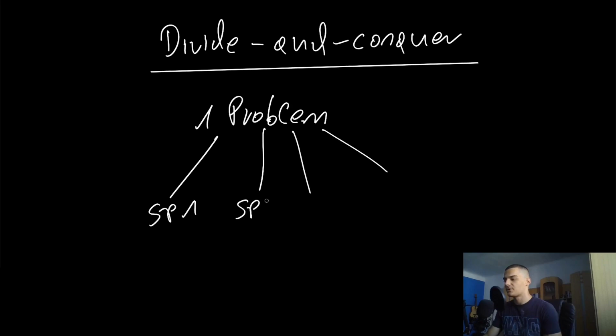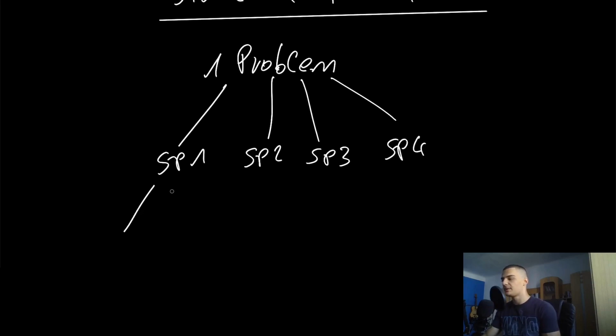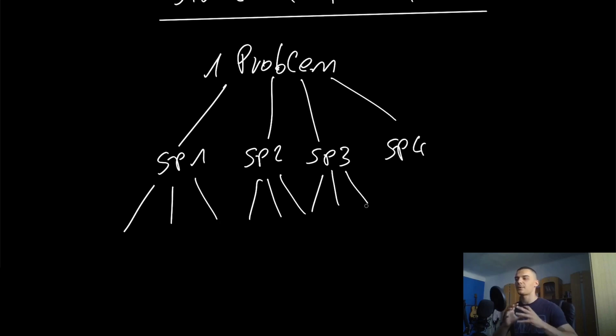Sub-problem 1, sub-problem 2, sub-problem 3, and so on. And what you do in the end is you conquer all these, you solve all these problems. Or maybe you split them up even further into more sub-problems, right? And then once you have solved all these small sub-problems, these sub-problems are so simple that they can be solved easily. Then you combine all these sub-solutions into a solution to the whole problem.